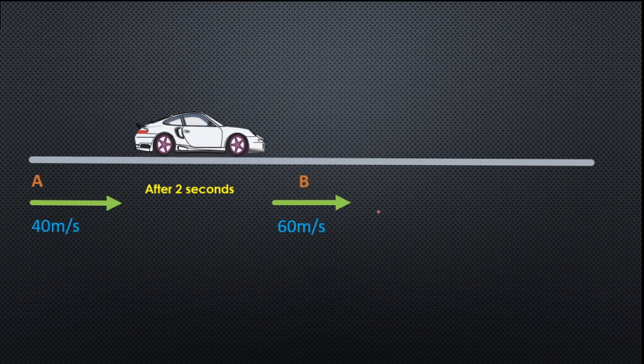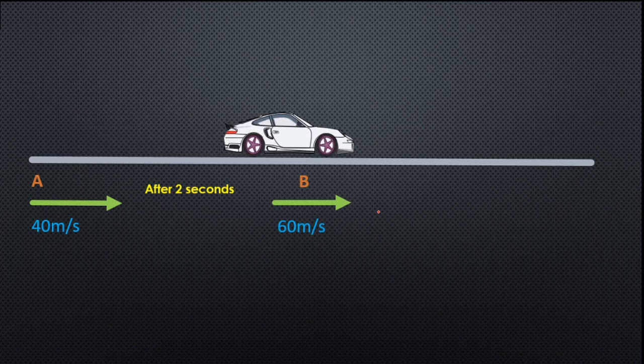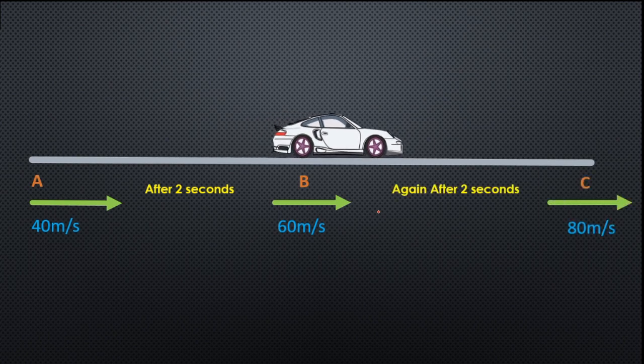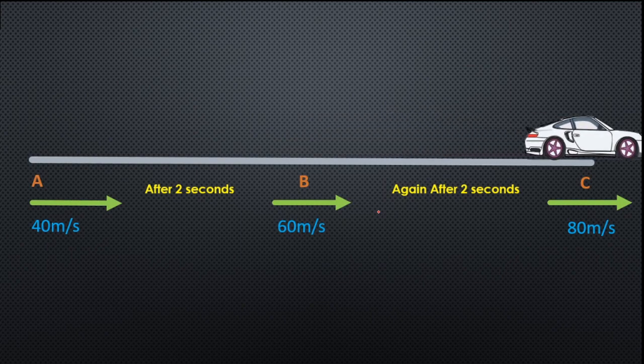Let us consider a car is moving on the road. At point A, its velocity is 40 meters per second, and at point B, its velocity is 60 meters per second after 2 seconds. Again, after 2 seconds, its velocity at point C is 80 meters per second. So, you can see in this example that in every 2 seconds, the velocity is changing by 20 meters per second.